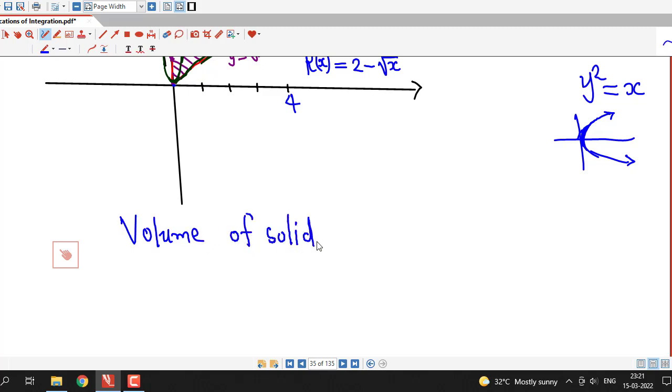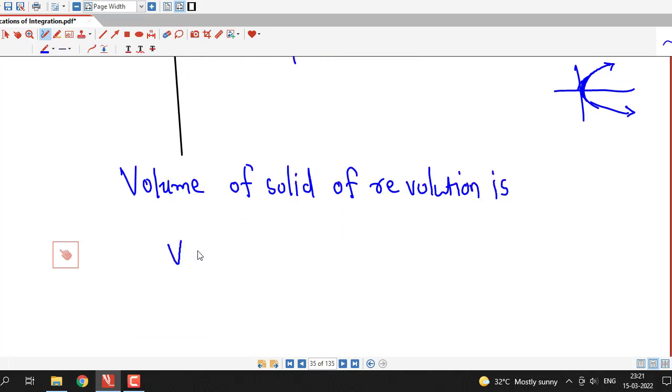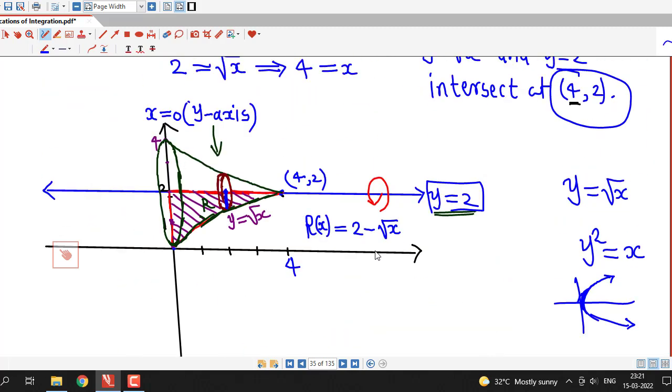So the volume of the solid of revolution is V equal to the integral of pi times the square of the radius. The integral is with respect to x, and here the limits of integration will be from this point to this point.